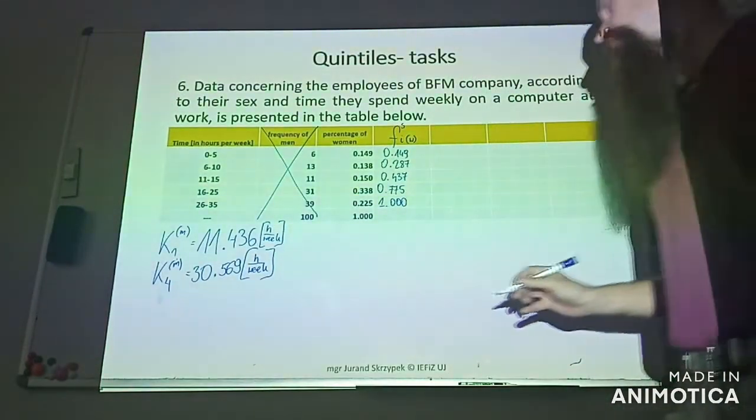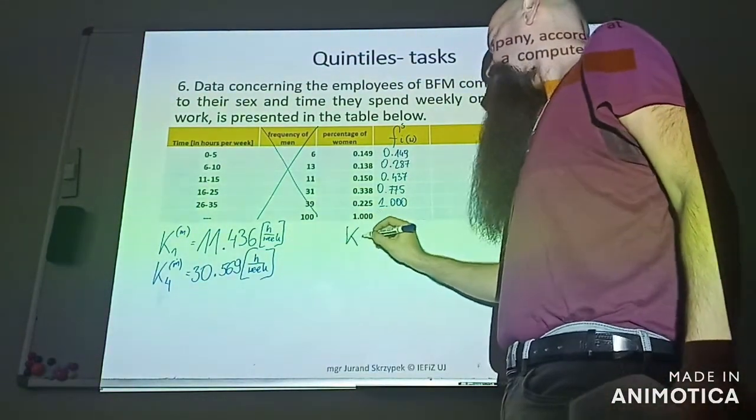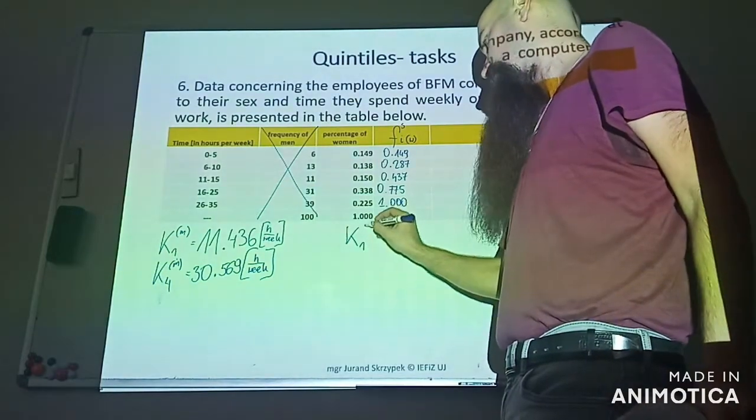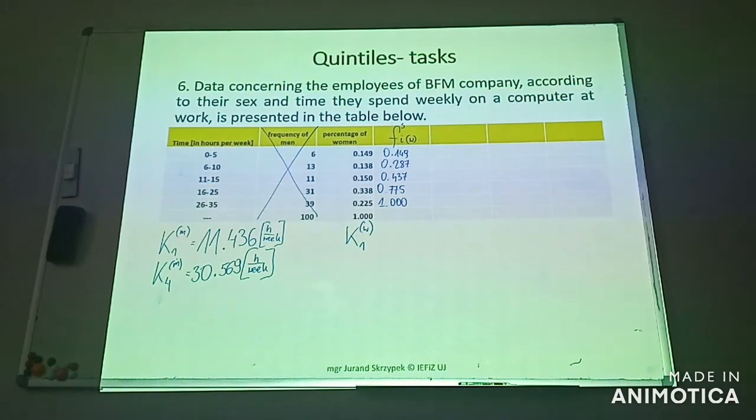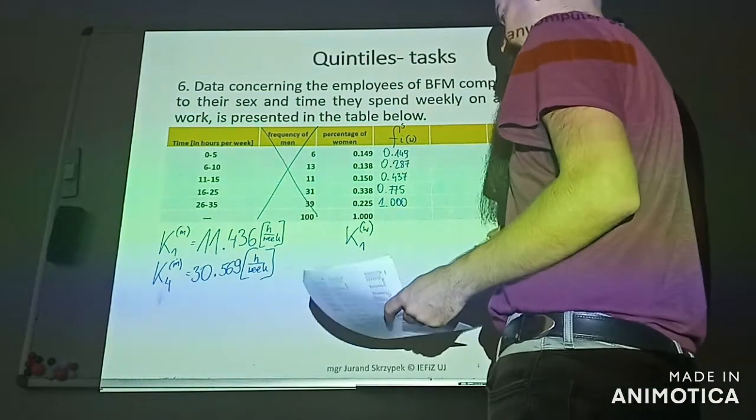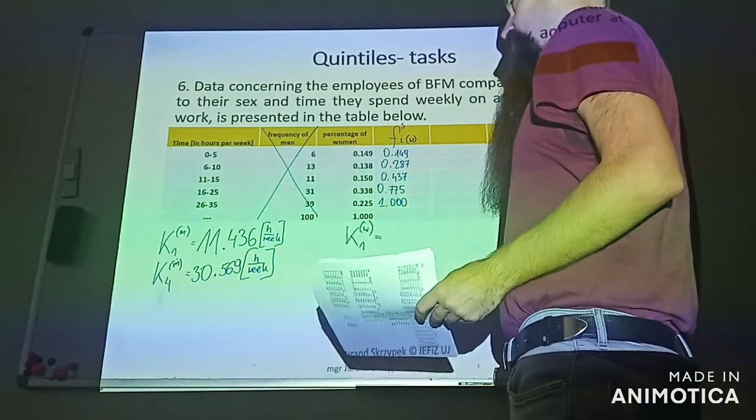Okay, and let's find the first quintile for women. We're talking about the time spent in front of the computer in the group of women workers, women employees.